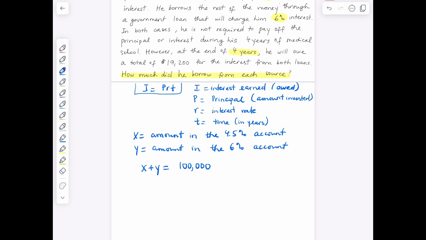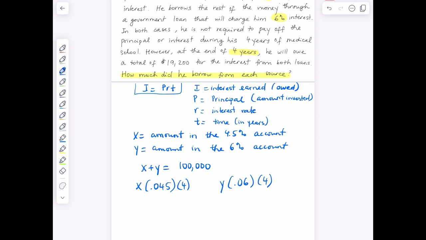The interest for the first account: principal is X, so that's P times R, 0.045. We do need to convert the percent to a decimal number, and T is 4 years. And the second account would be Y dollars times 0.06 times T.